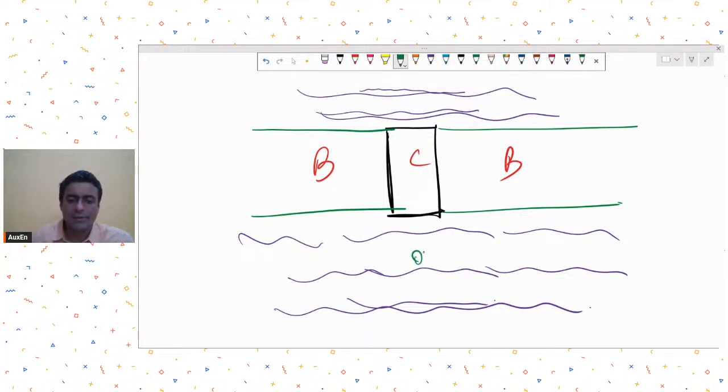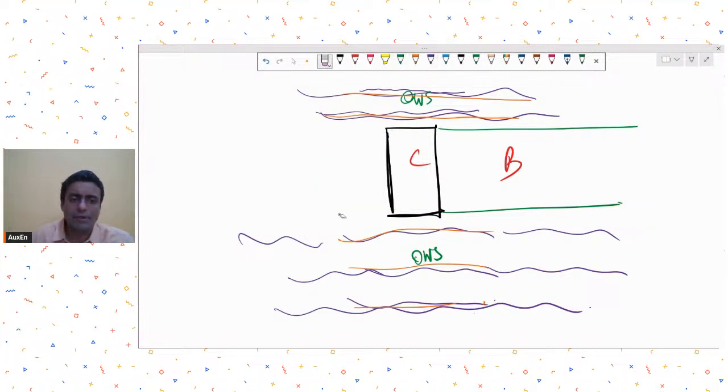Why are we calling it a one-way shear? Because it's not forming a closed perimeter, rather these shear contours are in a particular direction. So we will call this a one-way shear.